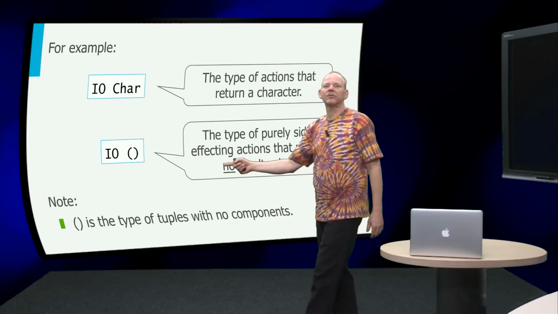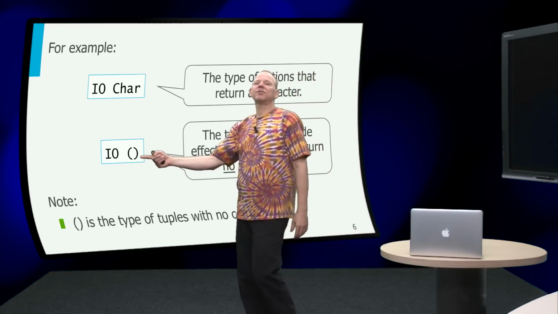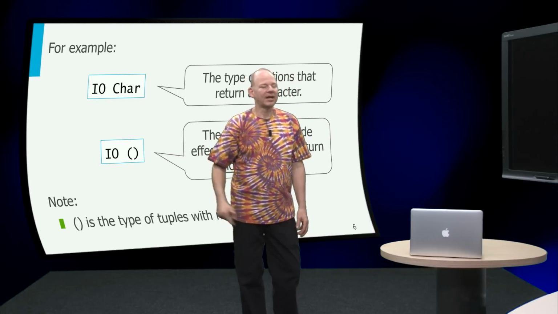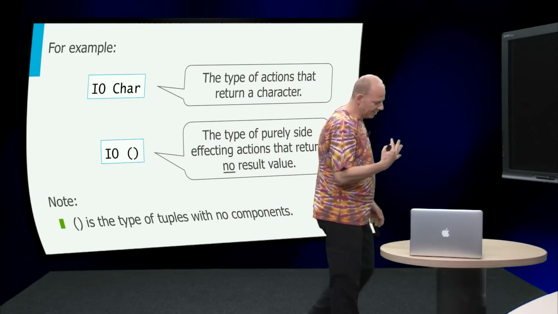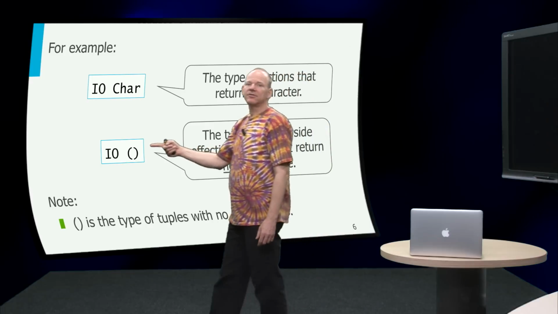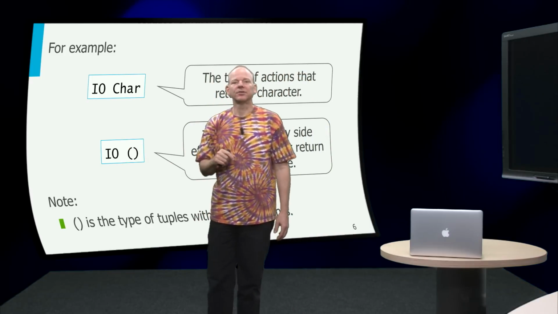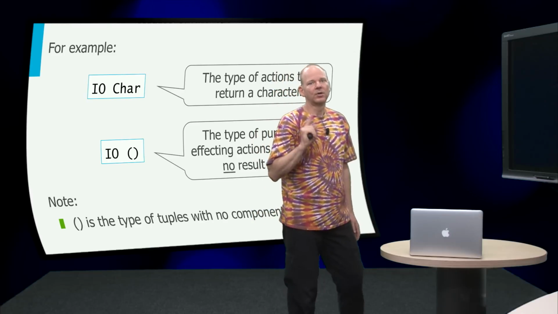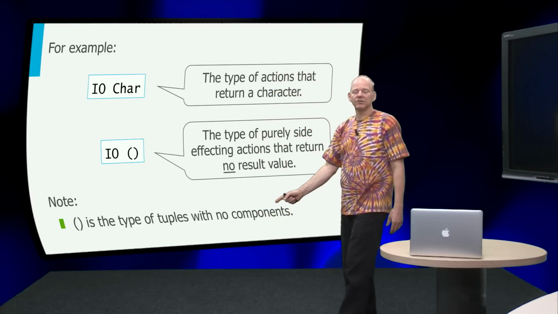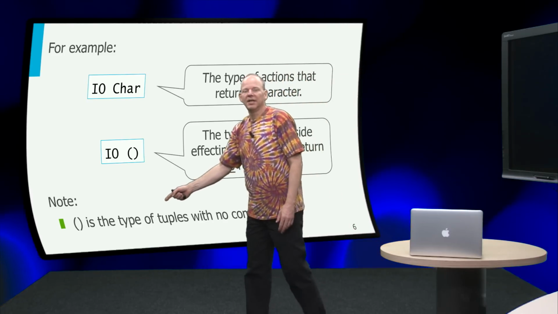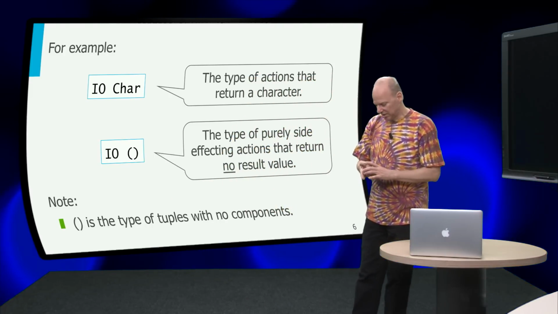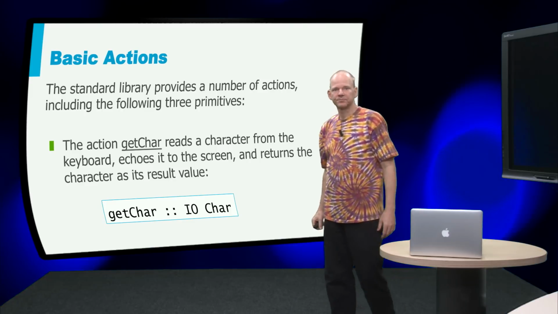Because it has no real result value, it returns the empty tuple. And in a typical imperative language, this would be the type void. So if you have a function that returns void, in Haskell that becomes a function that returns type I/O of unit. Okay? And void is nothing, or unit, this empty tuple is nothing special. It's just a tuple that has no components.